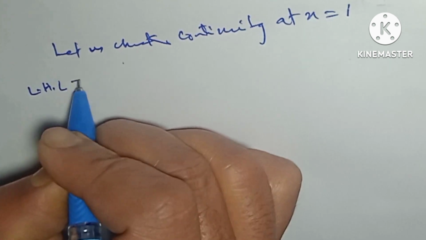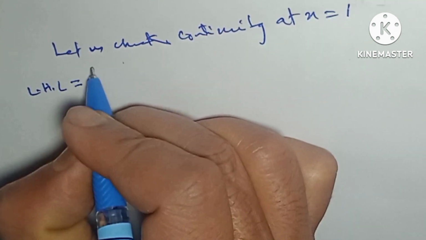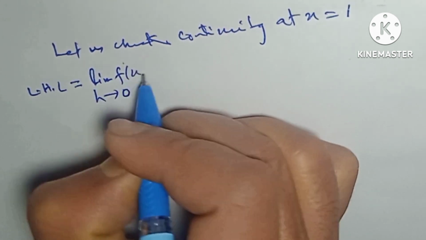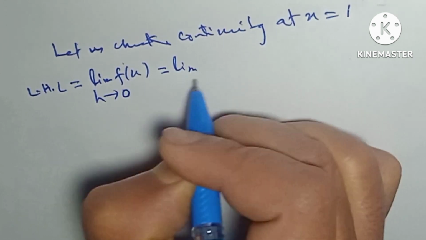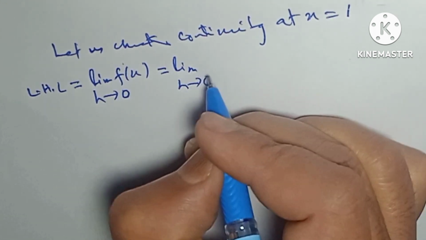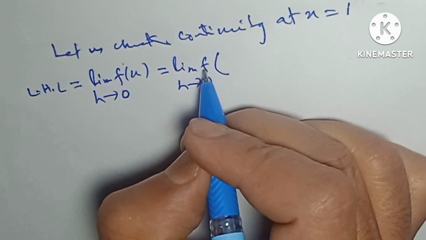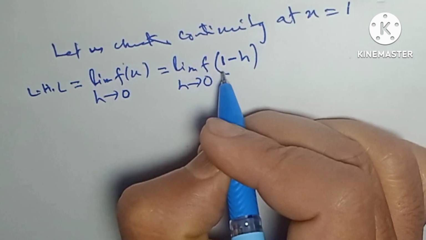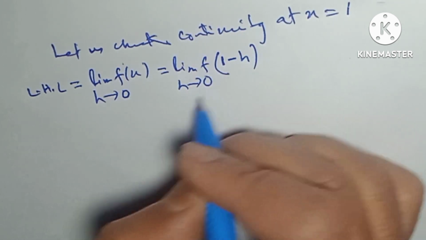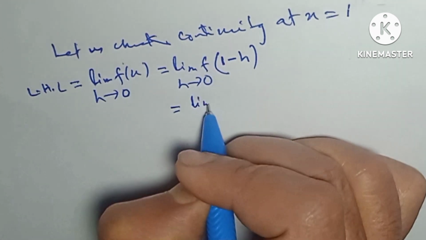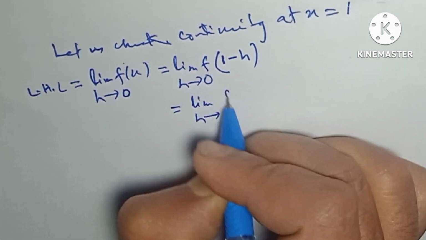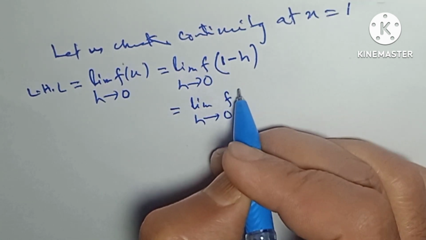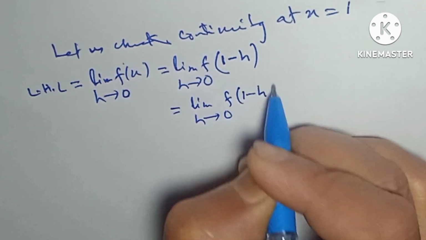Left hand limit is equal to limit x approaches 1 f of x, which is f of 1 minus h from the left hand side, equal to limit h tends to 0 of 1 minus h.